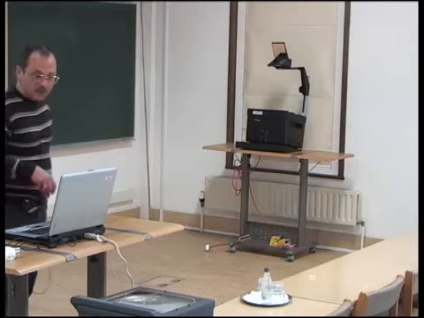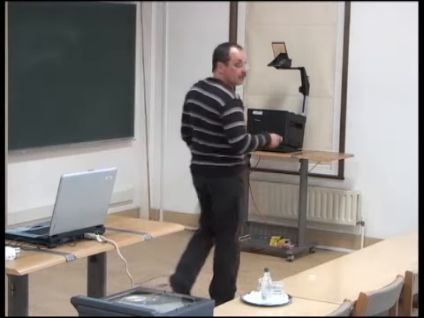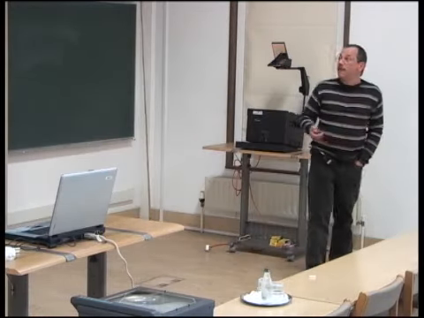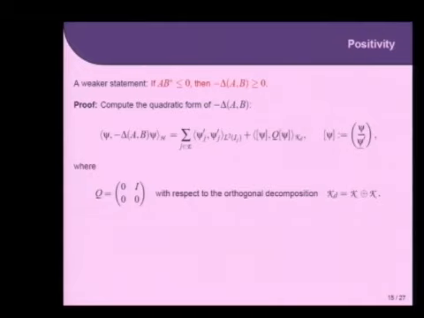First of all, let's compute the quadratic form of minus delta. It's a simple integration by parts. The bracket, as before, is a vector consisting of boundary values of the function and boundary values of its derivative. And Q is a symmetric matrix with 0, 1, 0, 0, in block matrix notation with respect to this decomposition.